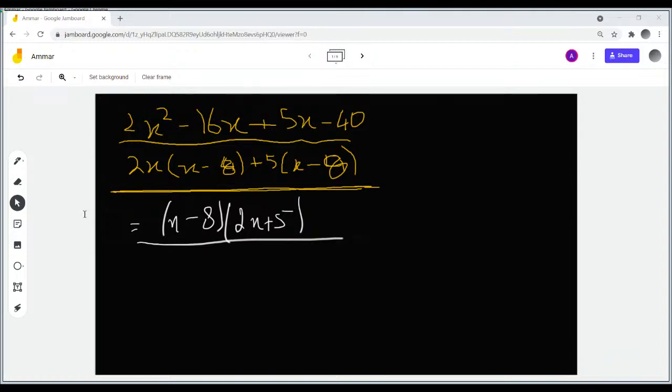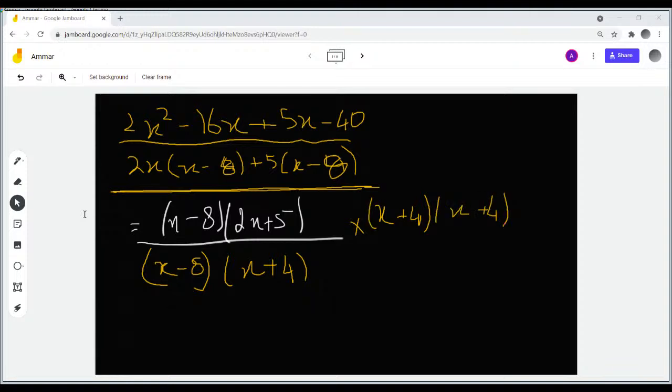So 8x minus 8 and x plus 4. Is that right? x minus 8 into x plus 4. Perfect. Next term: x plus 4 and x plus 4. Perfect.